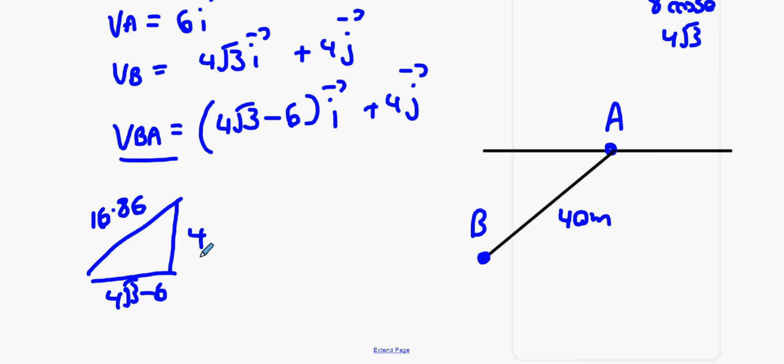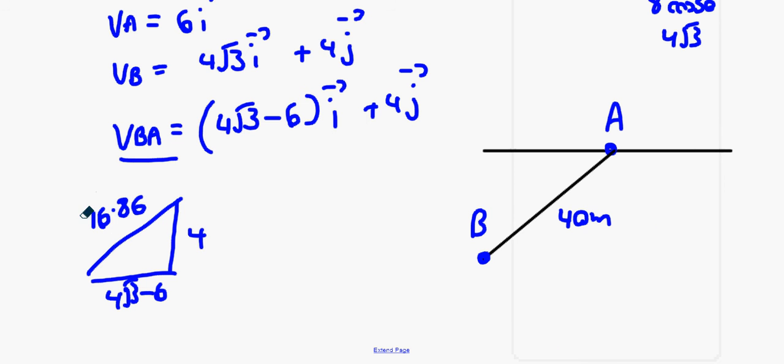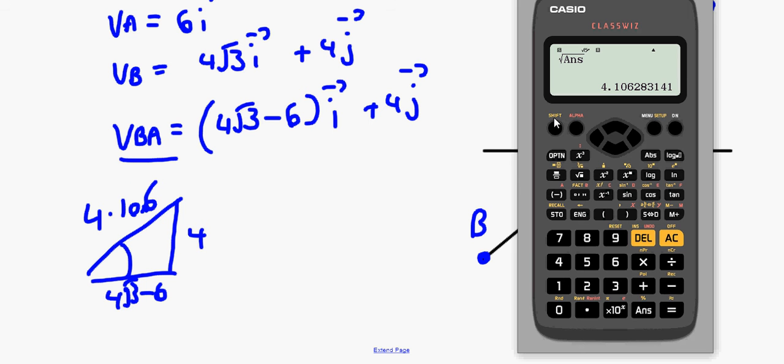Did I not square it? Oh no, thank you, root of the answer, 4.106. Great. Now, I also need to figure out this angle. So I'm going to tan inverse. I'm in radians, so I need to sort that out.